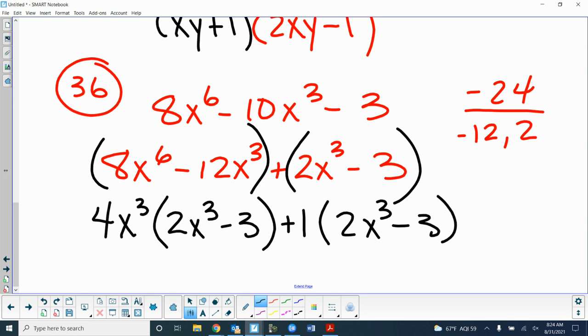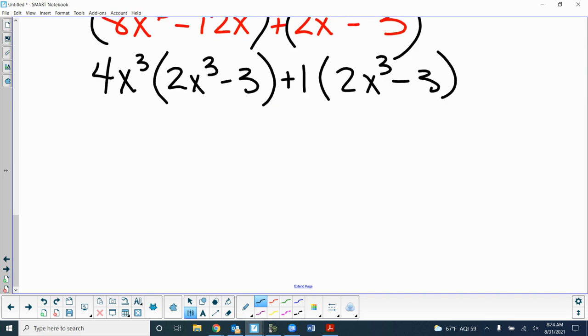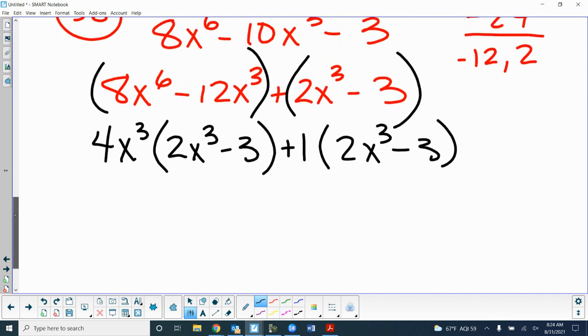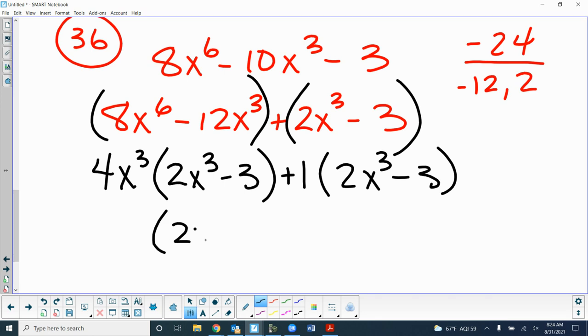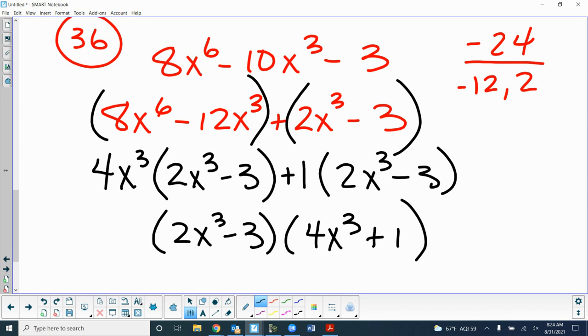Are these 2 parentheses the same thing? Yes. So that's one of my factors. What's my other factor? Yeah, we need that plus 1 in there, so we have 2 terms in here. So I could FOIL it to check it if I needed to.